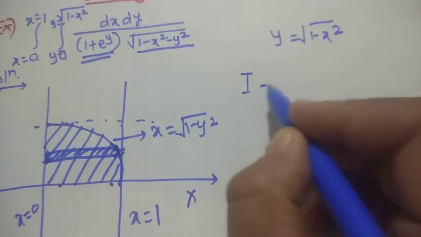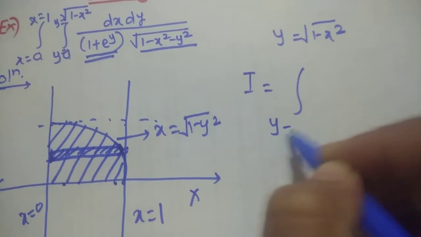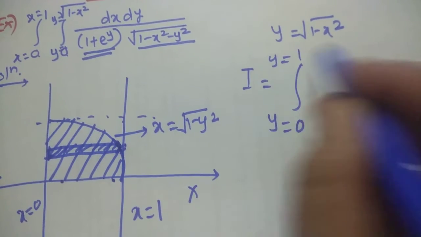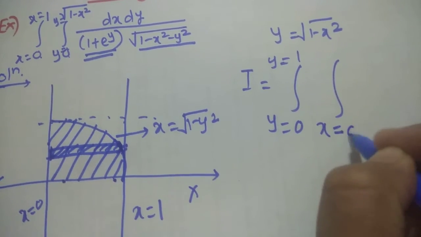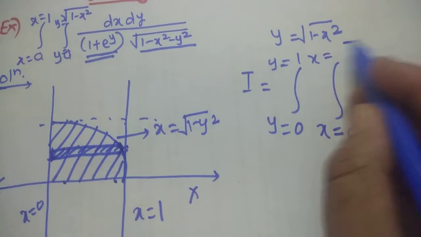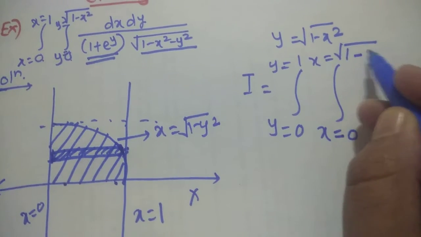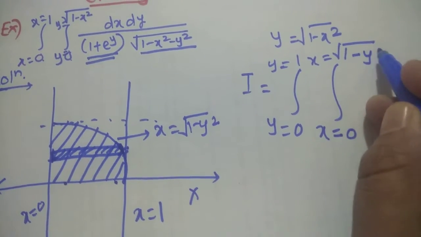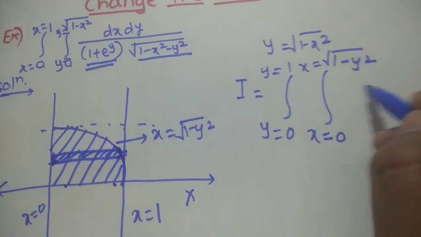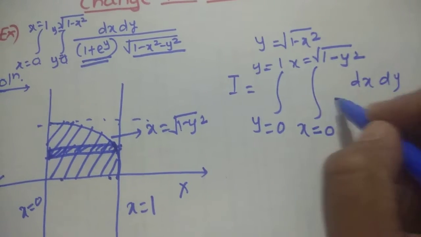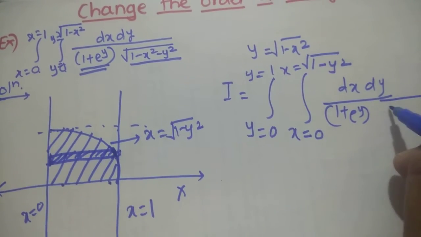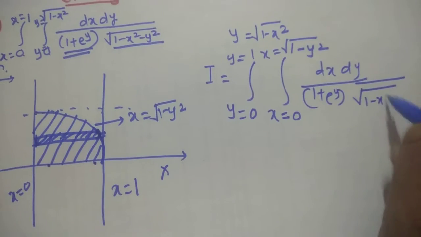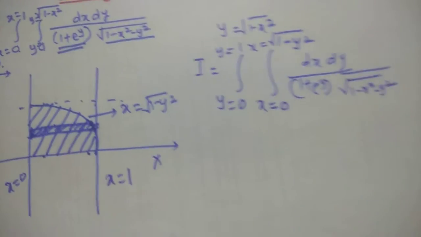So the limits of y are from 0 to 1, and the limits of x are from 0 to under root 1 minus y square, with dx dy, and the integrand as it is, 1 plus e raised to y, and under root 1 minus x square minus y square.